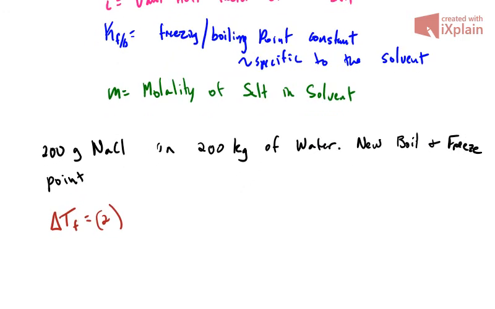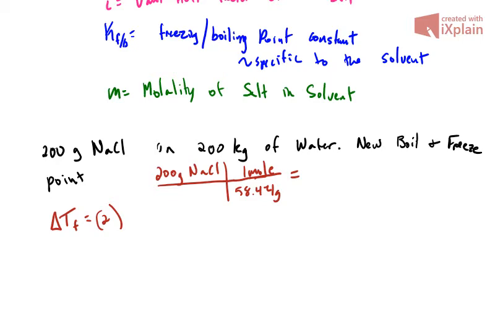I need to be able to calculate the molality, and so 200 grams of NaCl. I know that the molar mass of NaCl is 58.44 grams per 1 mole.